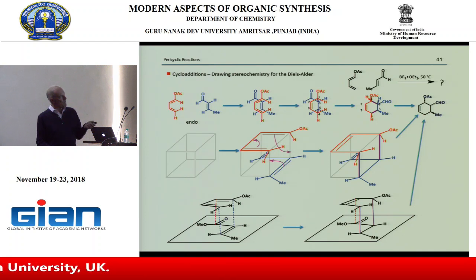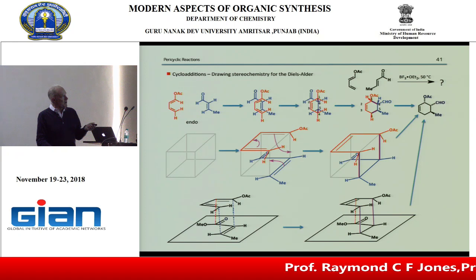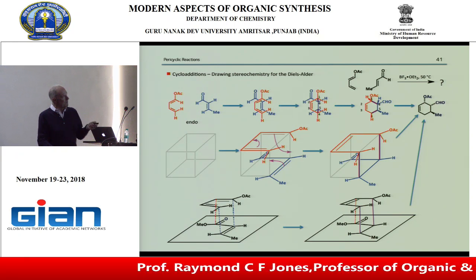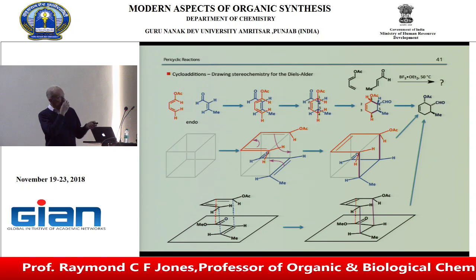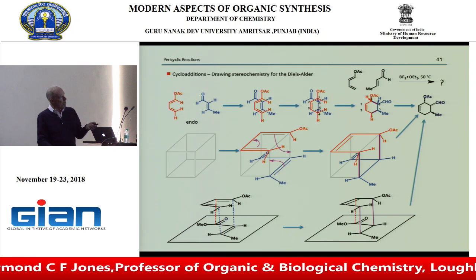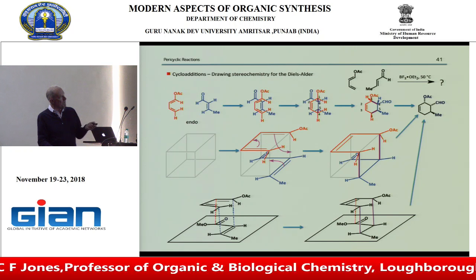This is actually picturing, just really effectively looking down from on top of the reaction, and it's trying to picture the diene with its substituent in this orangey color, on top of, in blue, the dienophile.